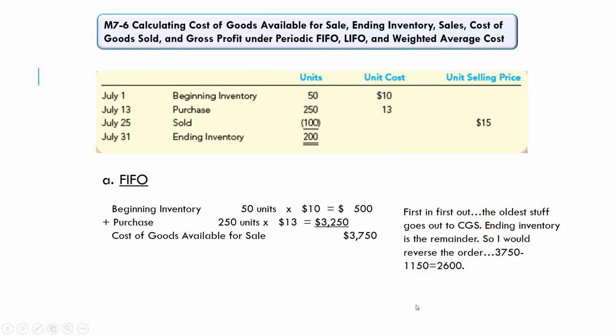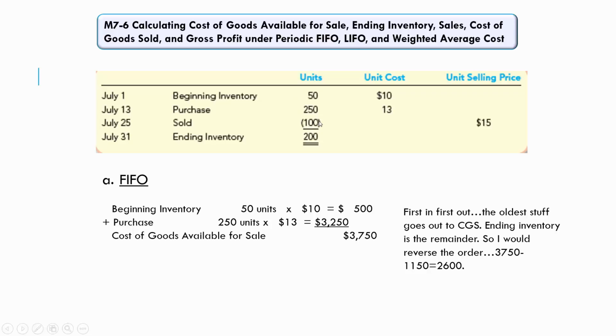If we calculated all of this under FIFO and we're using the periodic method, the first thing you should probably do with any of these methods is to calculate what goods available is going to be. And you can calculate goods available in terms of number of units, and you can also calculate goods available in dollar value. In this example, goods available is the beginning plus the purchases, 300 units.